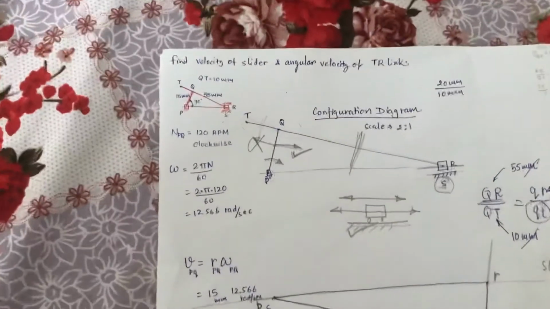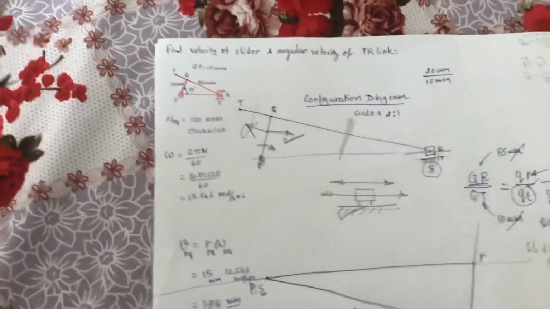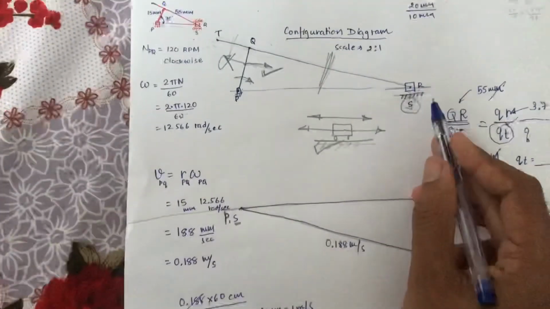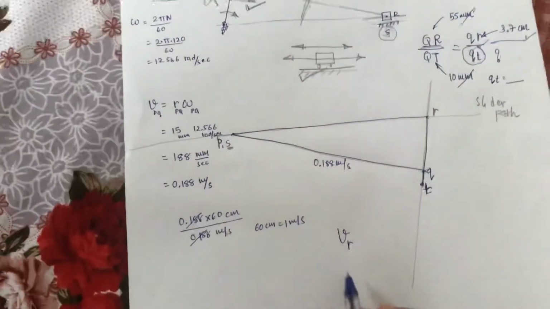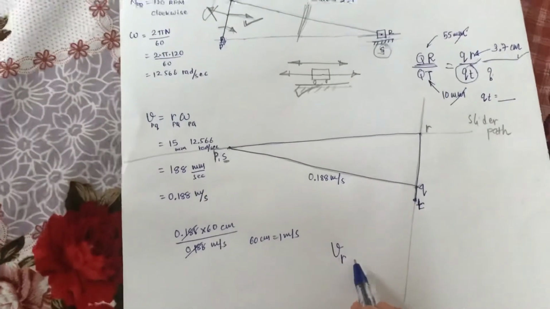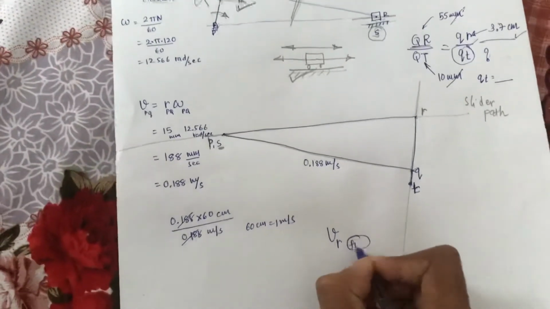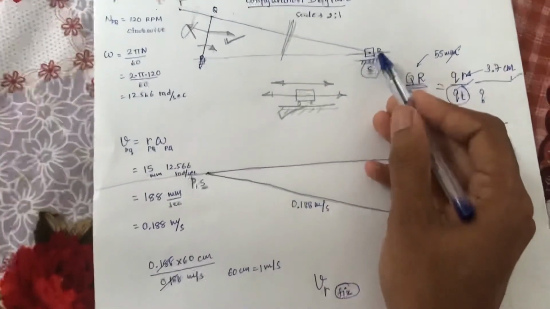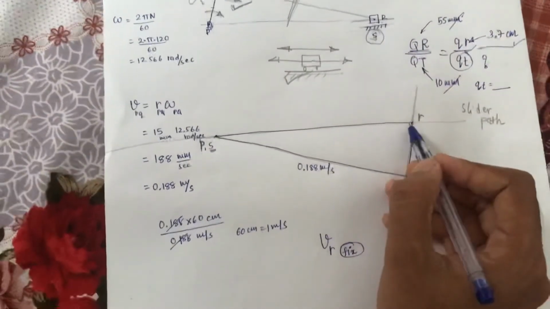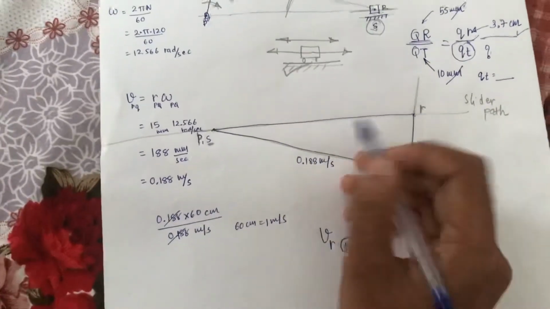Now our question: find the velocity of the slider. What is the name of the slider? R. It is given as the velocity of the slider only, not with respect to anything, so with respect to the fixed point. So R slides with respect to S fixed. Let us measure the R to S distance.